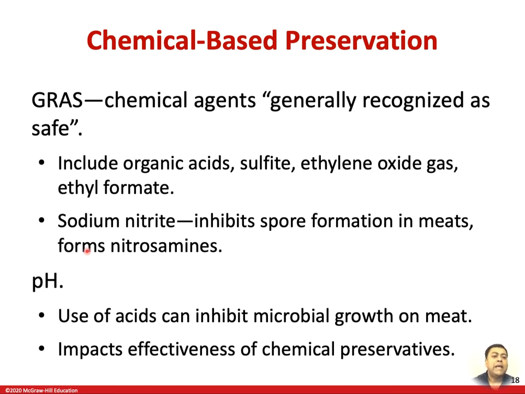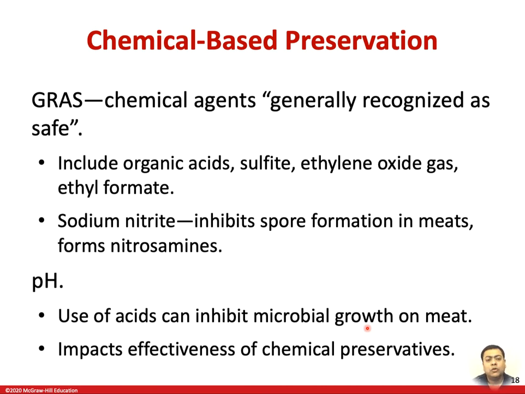On the other hand, pH, for example, use of acids can inhibit microbial growth on meat because most of the bacteria that grow on the meat prefer a neutral pH. So acidic pH will prevent the growth of many microbes. For example, acetic acid or lactic acid inhibit listeria.